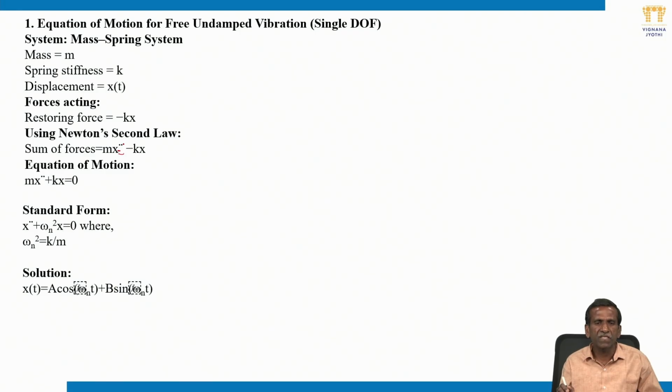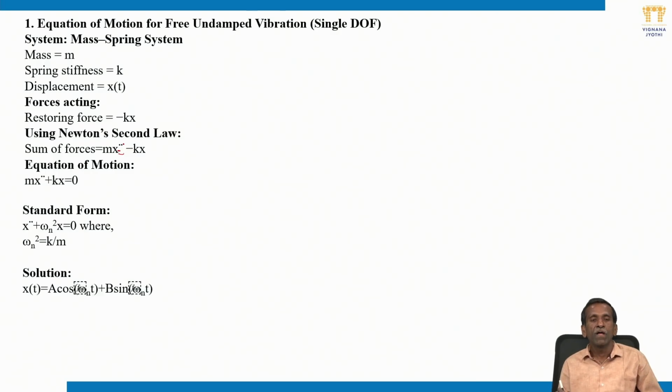The standard form I just mentioned: x double dot, that is d squared x by dt squared, plus omega n square x equal to 0. This is a second order differential equation. This constant is called the natural frequency, omega n square equals k by m. So what is the solution?